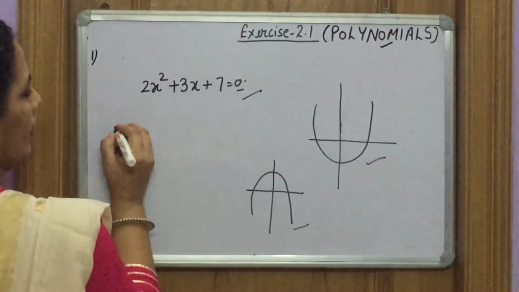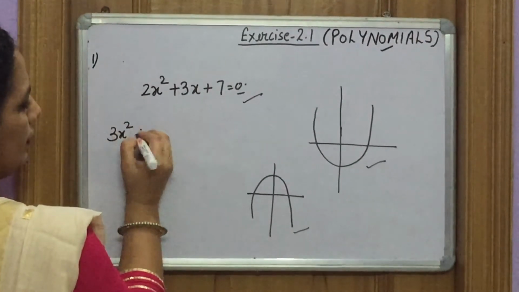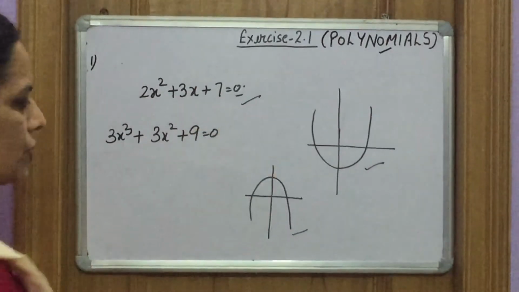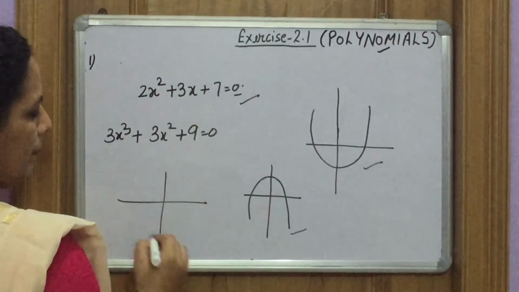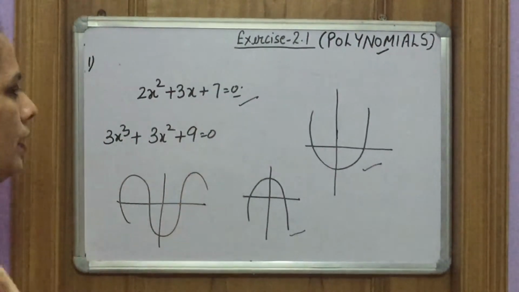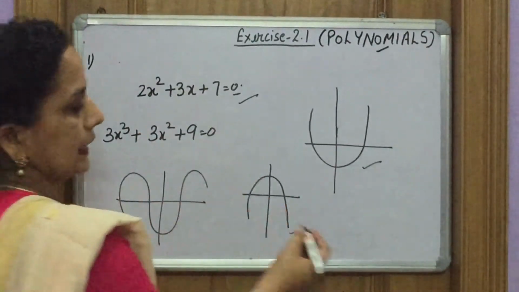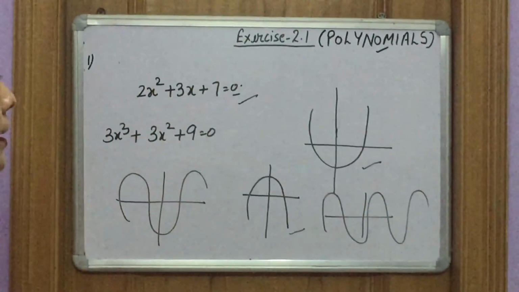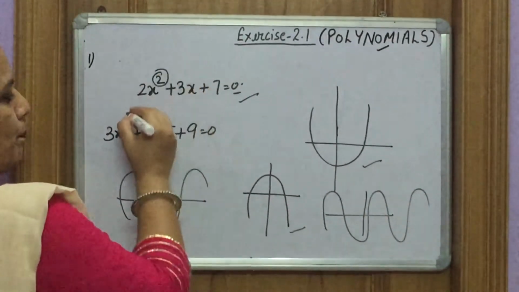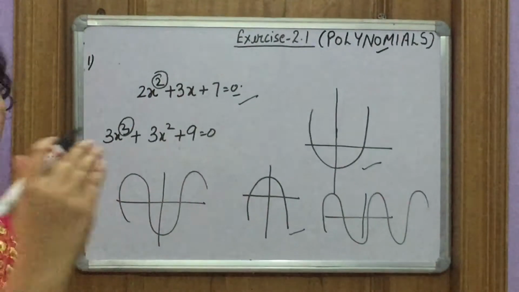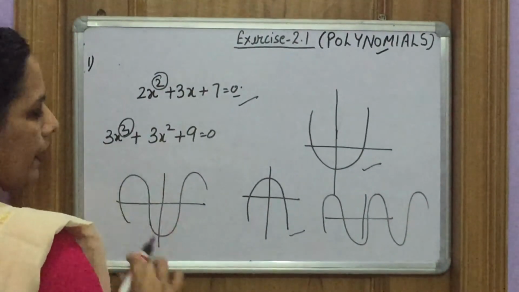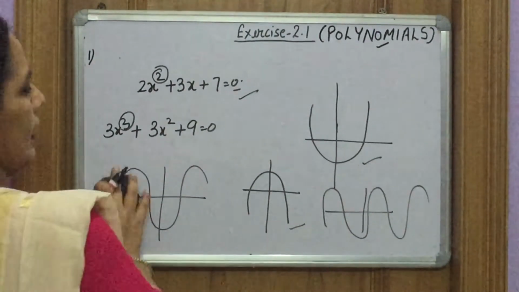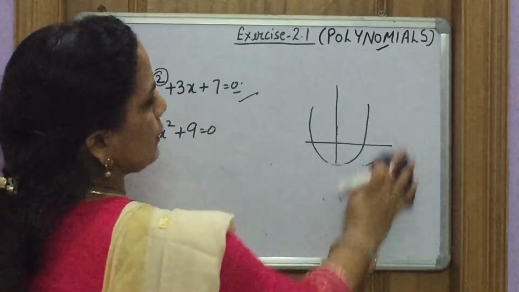Similarly, if we take any cubic equation, then its graph will be of this type. If its power will be 4, then its graph will be of this type. So we can say when its power increases, then the arcs or curves in the graph always increase.